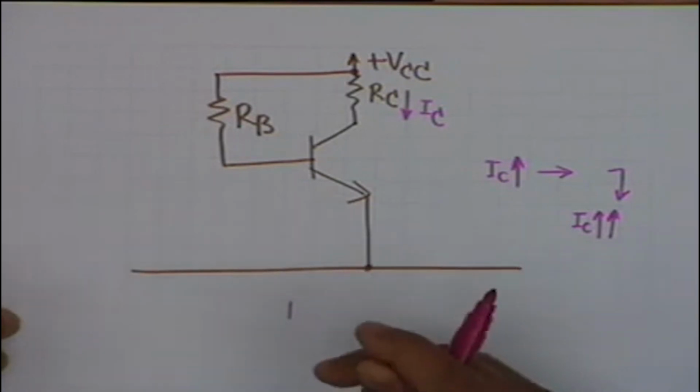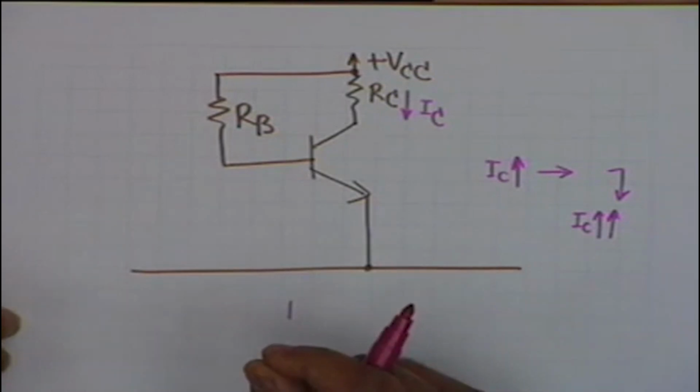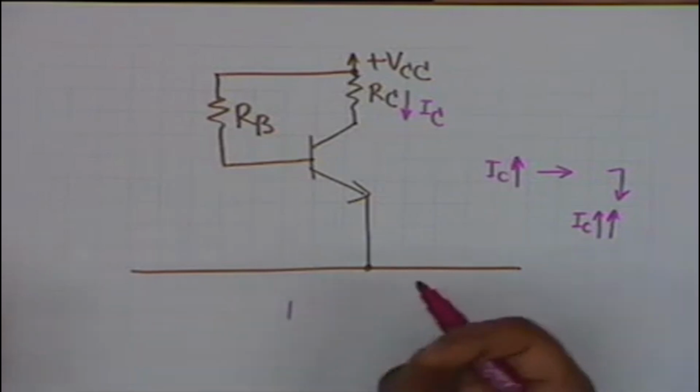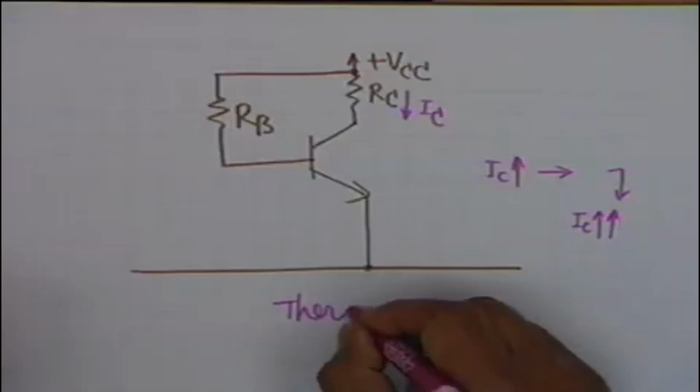It is as if the transistor cannot tolerate or accept any more heat, and therefore it runs away from its responsibility, which means that it gets damaged, it gets burnt out. Thermal runaway.